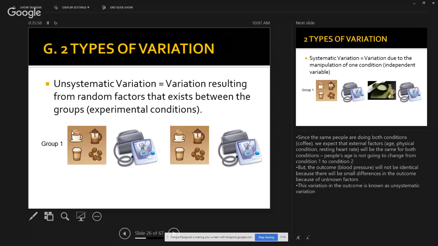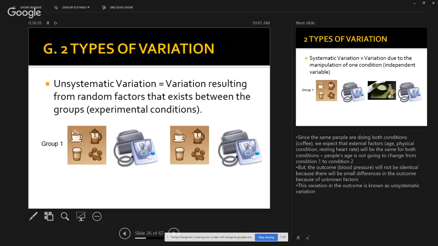Because the outcome, the blood pressure, won't be identical because there's going to be small error. There's going to be some kind of differences. And this variation that is due to unknown things that we can't control, like it could just be the very millimeter placement of the blood pressure cuff, or anything, right?